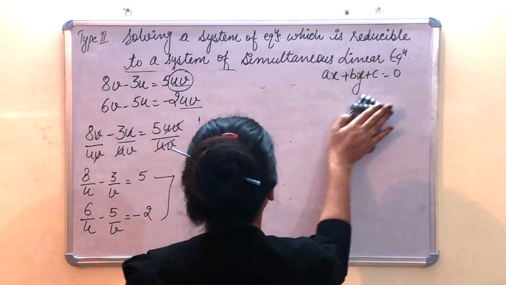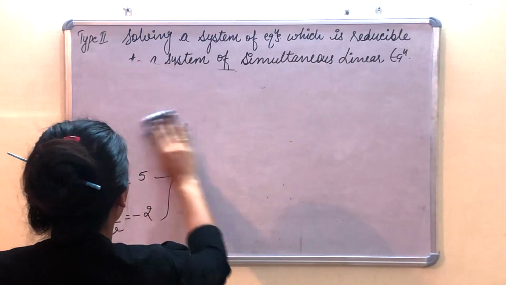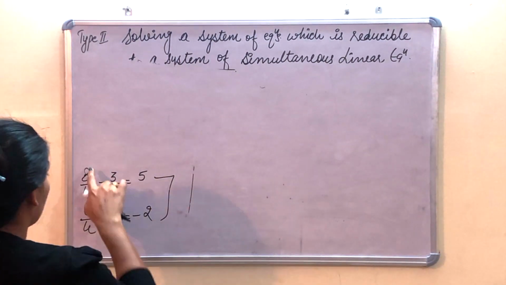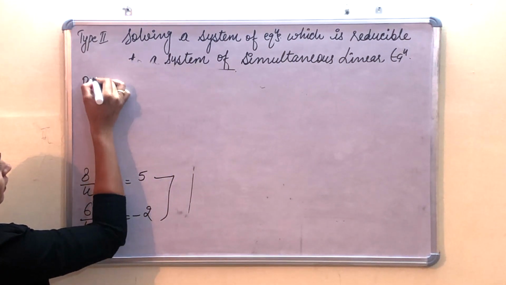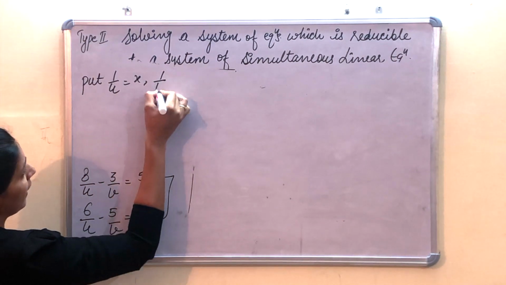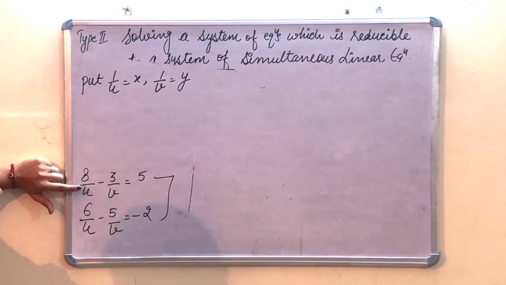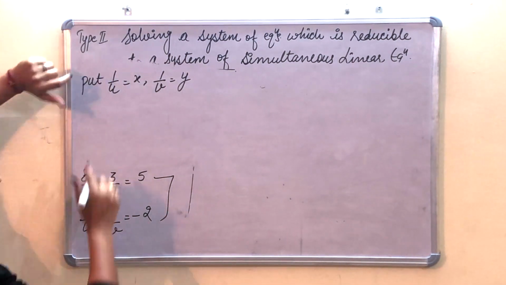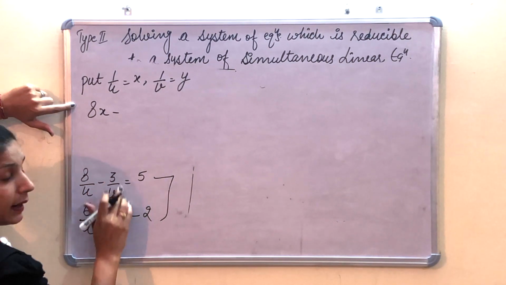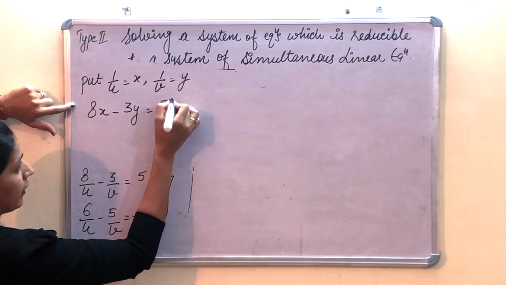So what we do here, as in the previous question, is put 1 by u is equal to x and 1 by v is equal to y. So here 8 into 1 by u is 8x, minus 3 by v, 3 multiplied by 1 by v is 3y, is equal to 5.